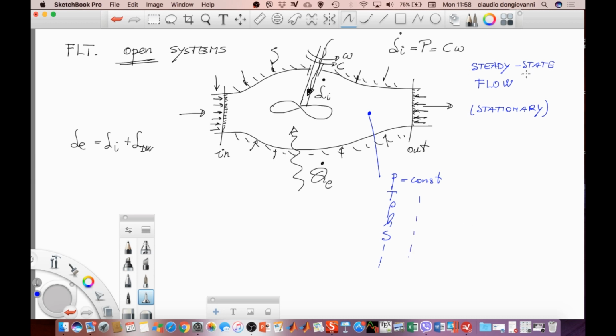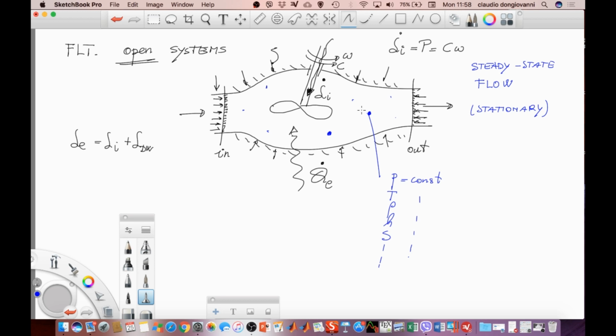In any point of your system, you can look there and you are not able to see the effect of time. Pressure changes by moving from this point to this point. But always here and here you have two particular defined values of pressure, temperature.